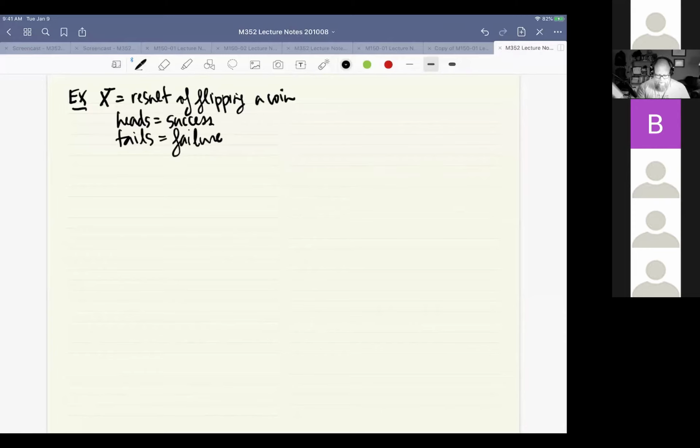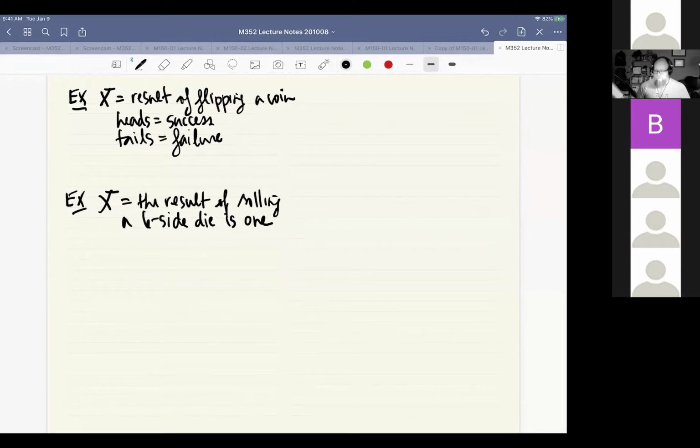Okay. Could we make a Bernoulli trial of anything? Because let's say a die, you either get a 1 or you don't get a 1. Yep. Even though there's 6 outcomes. Absolutely. Yeah. So we could have a random variable be the result of rolling a 6-sided die is 1, right?